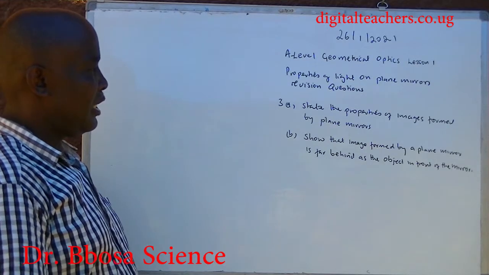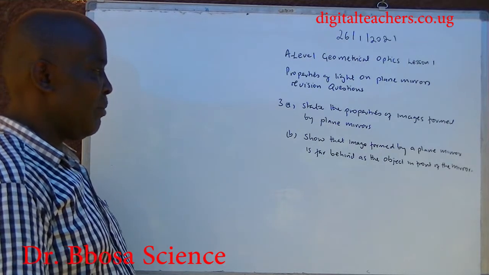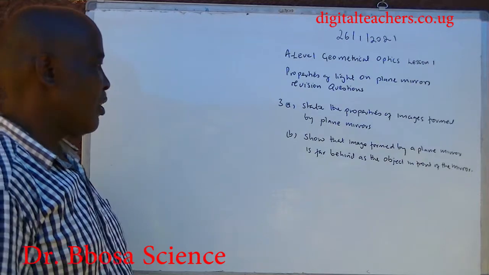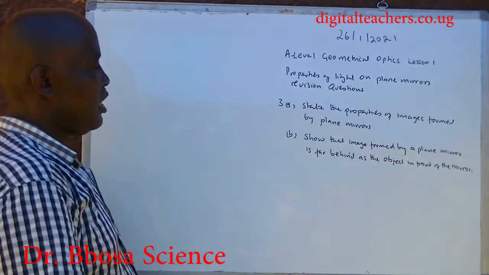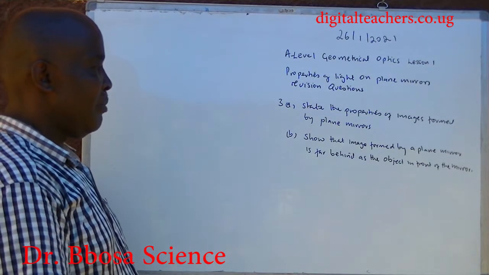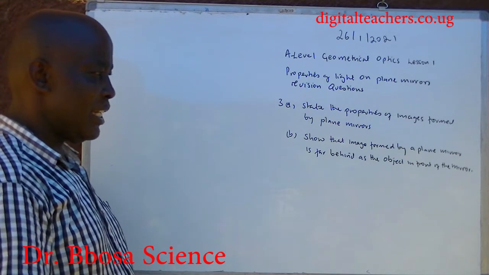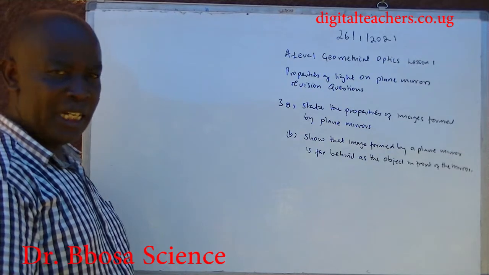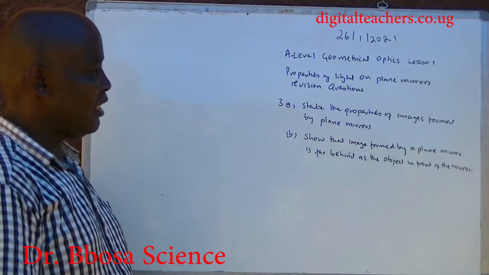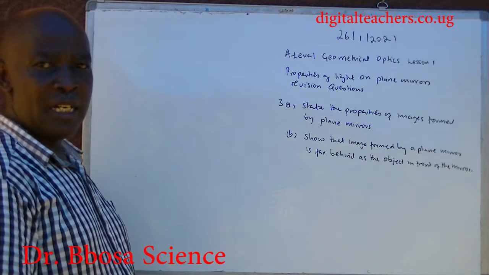3A, state the properties of image formed by plane mirrors. B, show that image formed by a plane mirror is as far behind as the object is in front of the mirror.